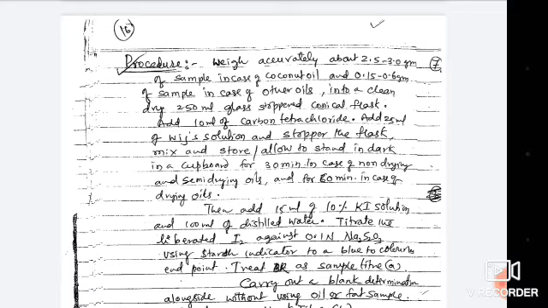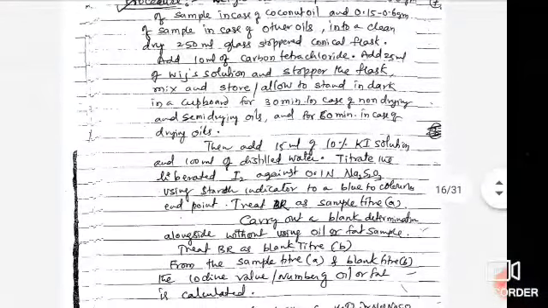Then add 15 ml of 10% KI solution and add 100 ml of distilled water. Titrate the liberated I2 against the 0.1 normal sodium thiosulfate using starch as an indicator. The end point is blue to colorless, and treat this end point as the burette reading for the sample titer.